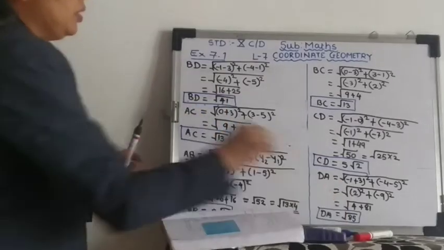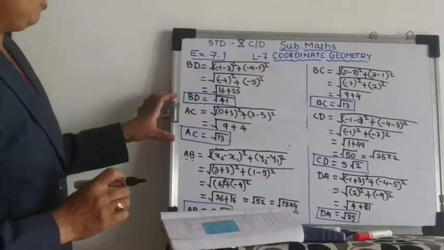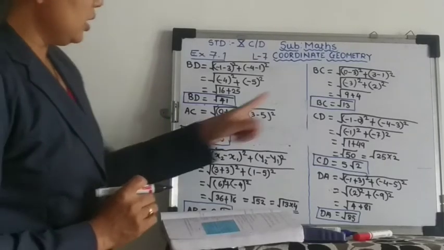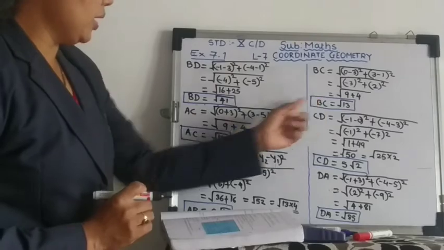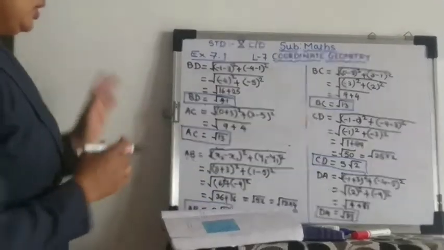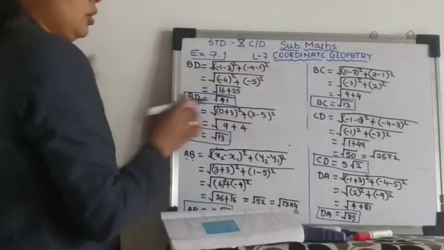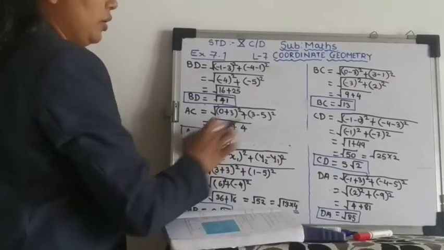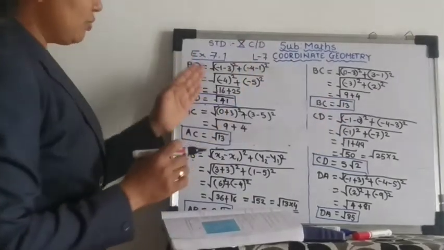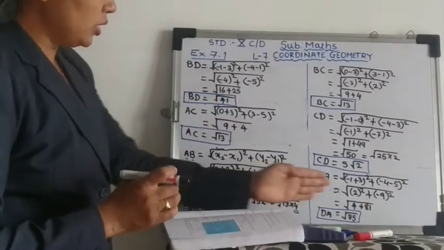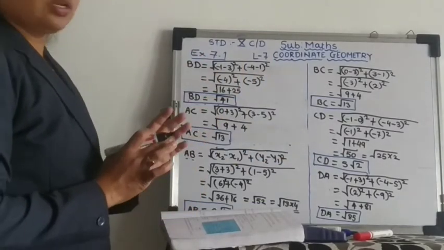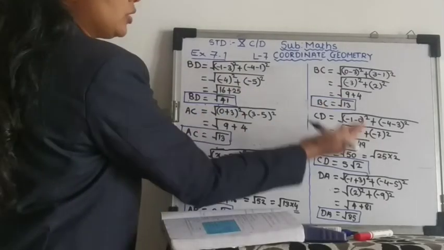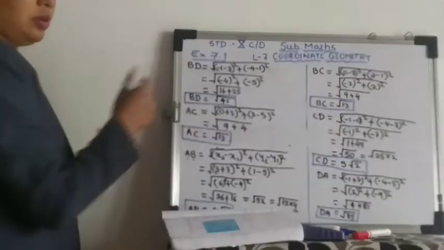Now see, here if we just take this BC and AC, if we combine these two, AC and BC, to agar hamne combine kiya, what we will get? Root 13 and root 13. As we go through all these distances, we are not getting that all sides are equal or that the opposite sides are equal, because we got different measures over here, right?